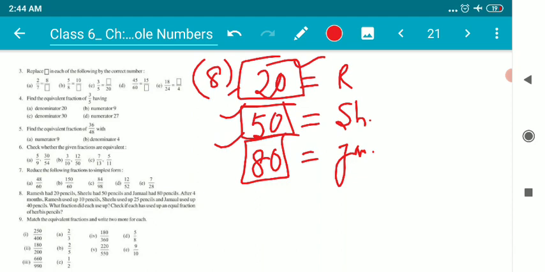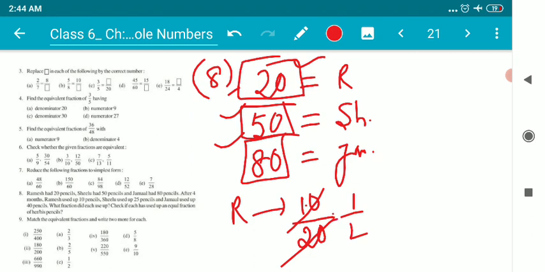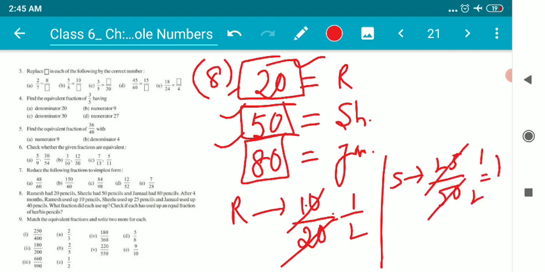Children, Ramesh had used 10 pencils out of 20 pencils. Let us reduce them. It's 1 by 2. Shilu had used 25 pencils out of 50 pencils. Let us reduce them. 25 to 50 means 1 by 2. Now children, Jamal had used 40 pencils out of 80 pencils.